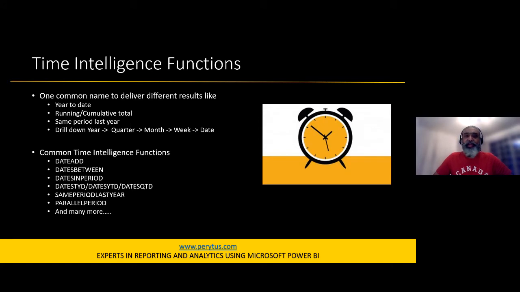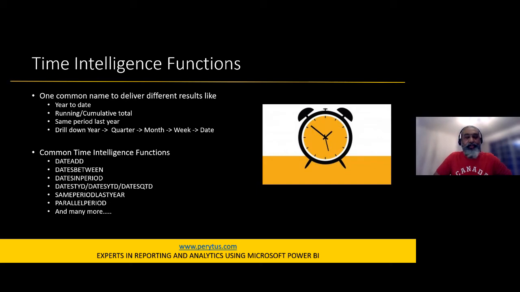So what are the time intelligence functions? It's just a common name for different functions doing anything to do with dates, for example, cumulative total, or calculating same period last year, which I just talked about. Here I listed a couple of time intelligence functions.